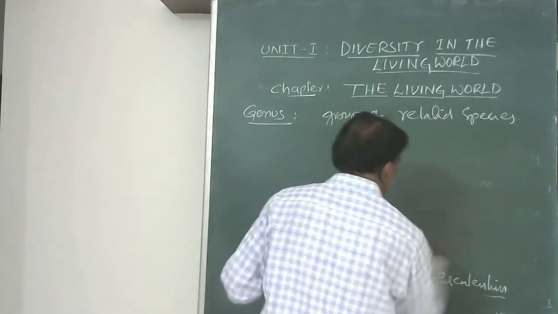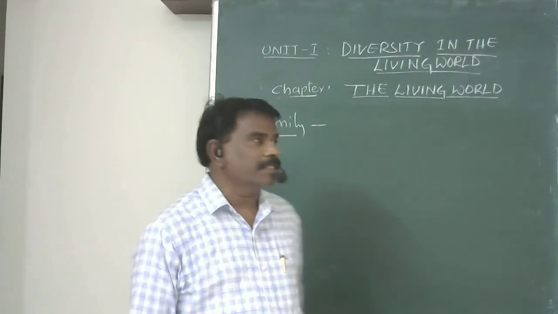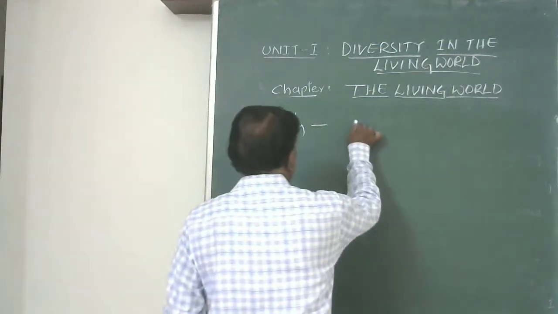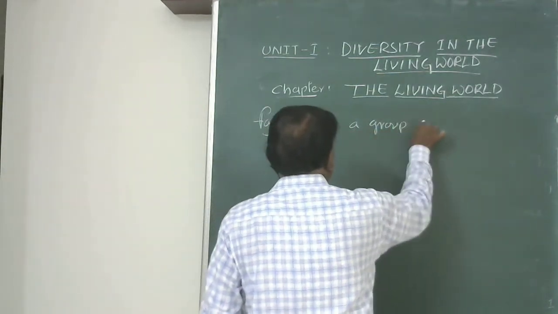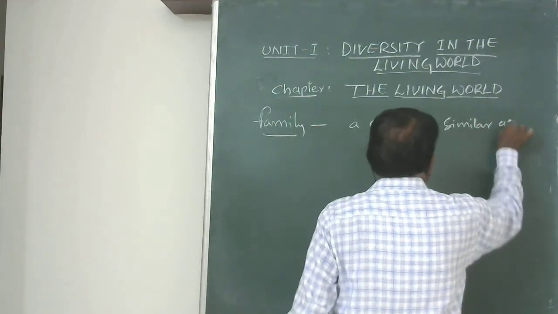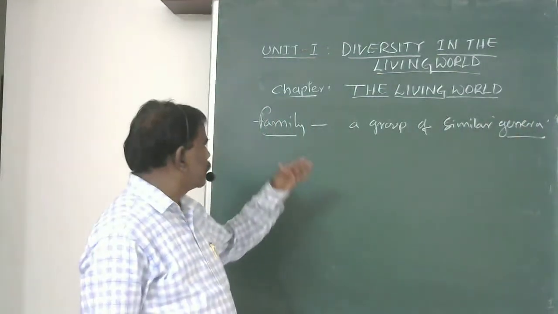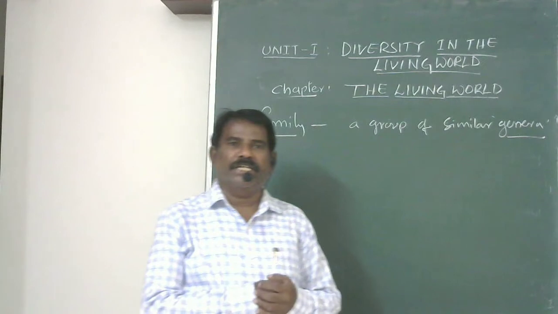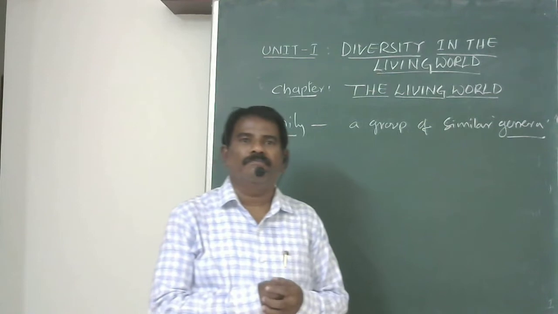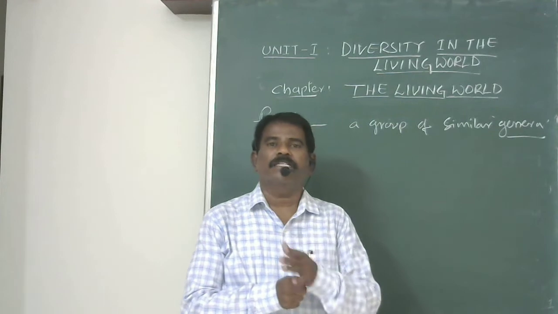Let us see another category, that is family. Next category, that is family. A family is a group of similar genera with still fewer similarities as compared to genus and species.